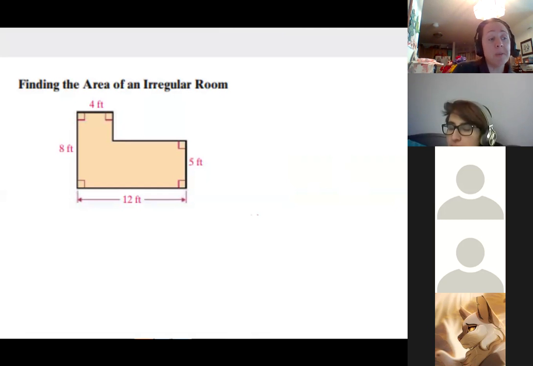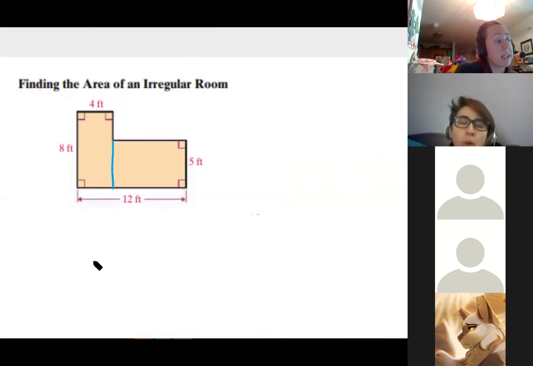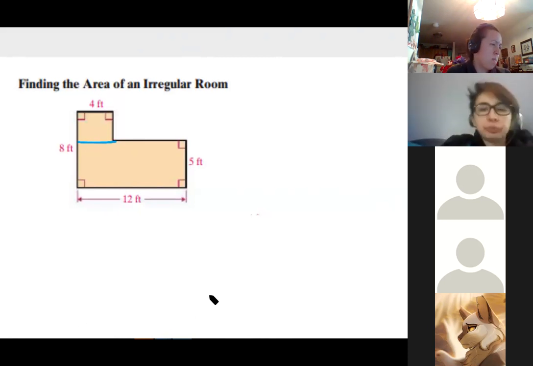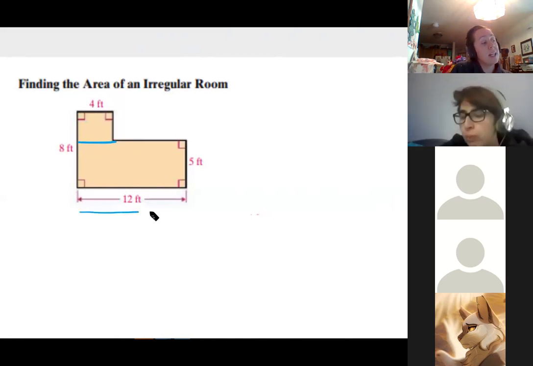And there's a few options for how to do this. For example, with this one, I could break it like this, or I could break it like this. It doesn't matter either way. Because if this whole side is 12, what would this side be?